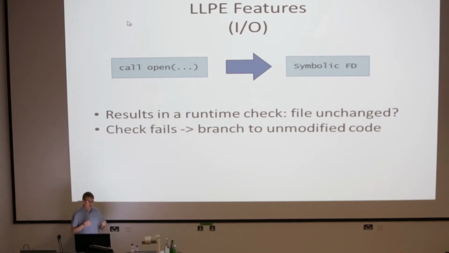And in that case, we're going to duplicate code which is downstream of that particular block and retain an unmodified version of any code which is reachable from there that we can branch into whenever that turns out to be false. So we're just bailing out of our specialization at that point and returning to the vanilla program, if you like.